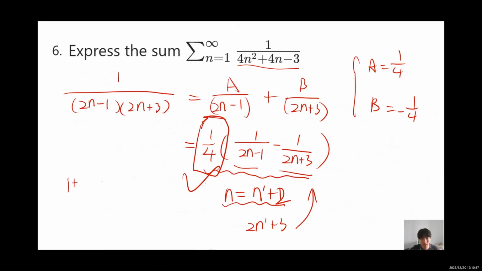The final answer is 1 plus 1 over 3 plus, it should be minus, 1 over 2n plus 1, and minus 1 over 2n plus 3. And don't forget 1 over 4. This is easy to forget. Okay, let's move on to the next.